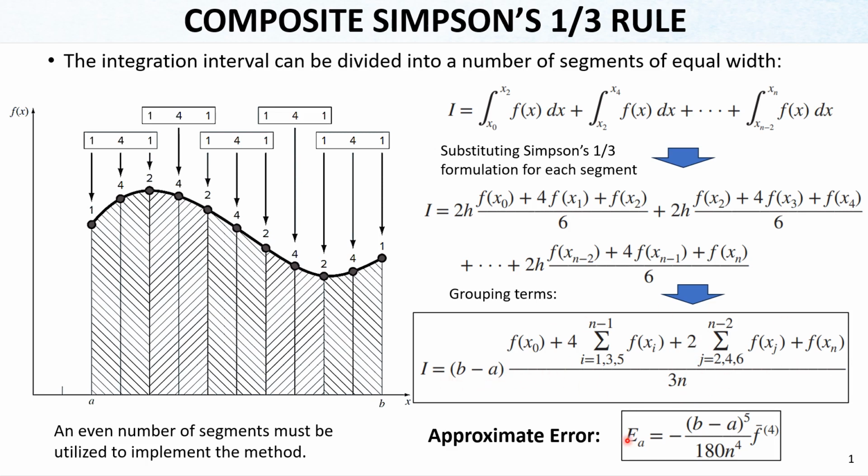And if we get the approximation error for this, it will be the same, b minus a to the power 5, times the mean of f fourth derivative, but here the only difference is 180 n to the power 4, because we have n segments, now we have n to the power 4, and this value is changing compared to the single application of this.